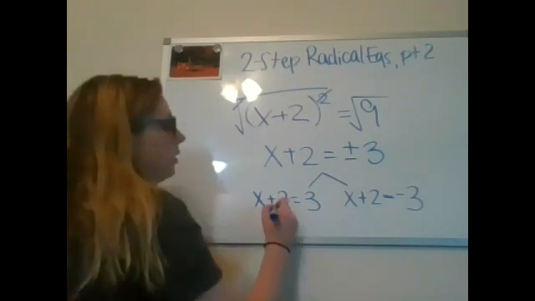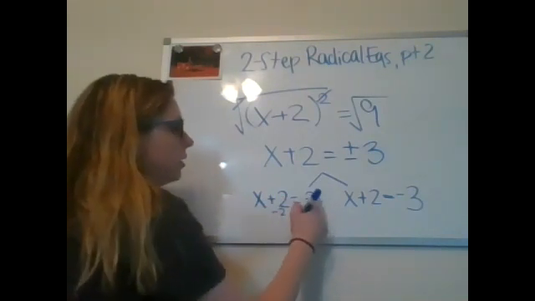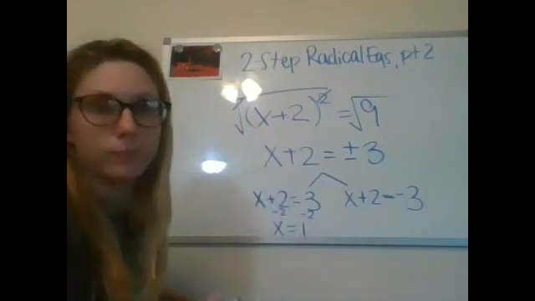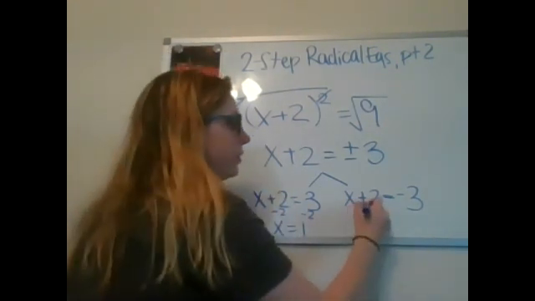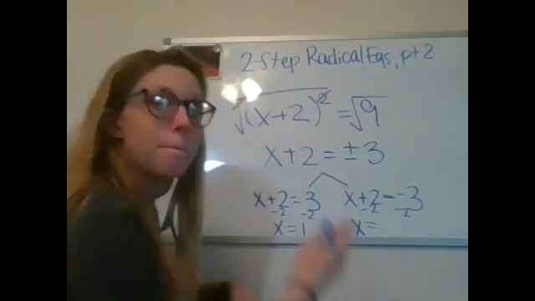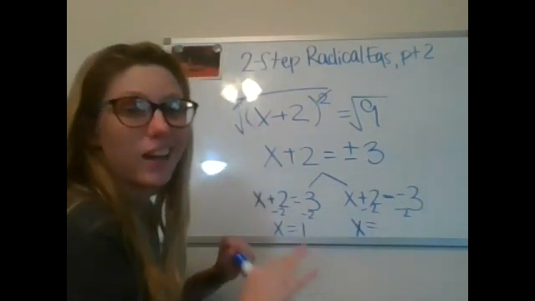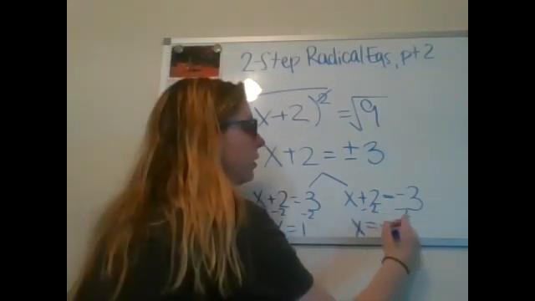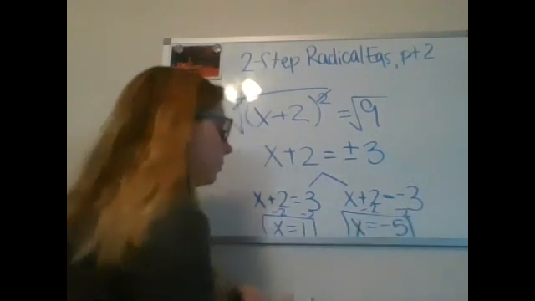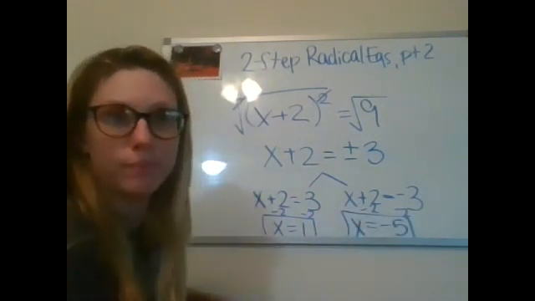So on this one, if we subtract 2 on each side, 3 minus 2 is 1. On this side, if we subtract 2 on each side, negative 3 minus 2 is negative 5, because it's going to get more negative. So these are our answers, 1 and negative 5.